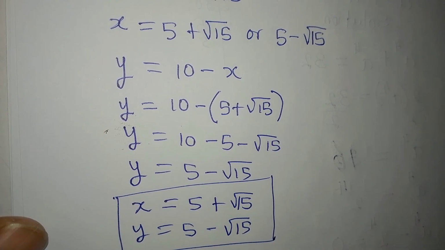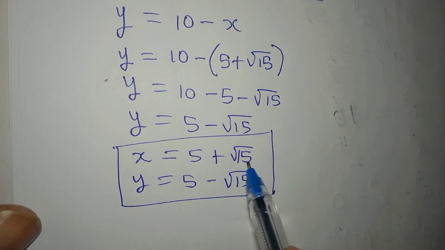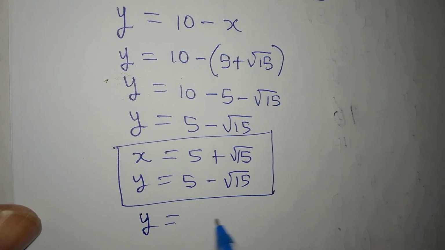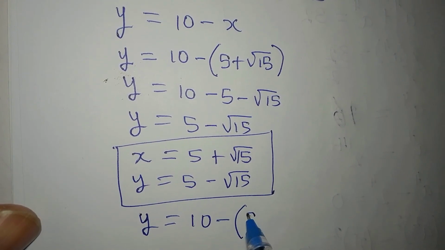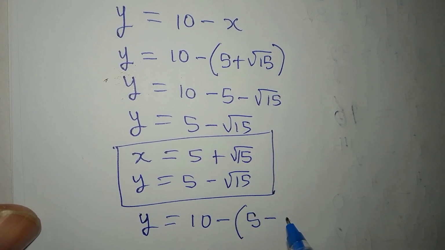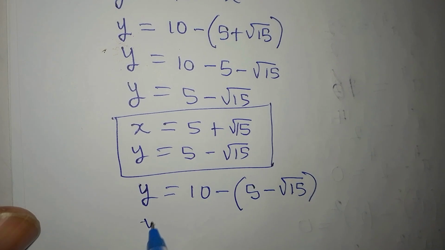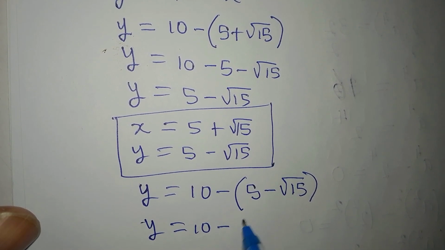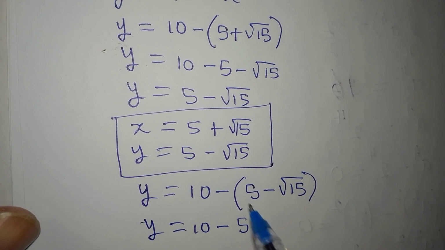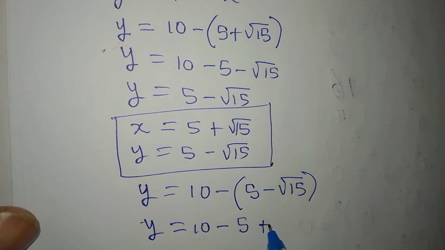Then we go for the other, when x is 5 minus root 15. So we get y to be 10 minus open bracket, x is now 5 minus square root of 15. We open the bracket again, so that y is 10 minus 5. We open the bracket, we have 5. Negative will open the bracket, so we have negative 5. Negative, negative will give positive.